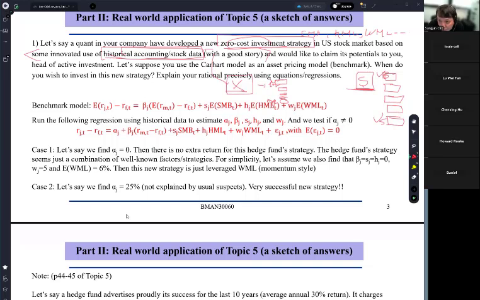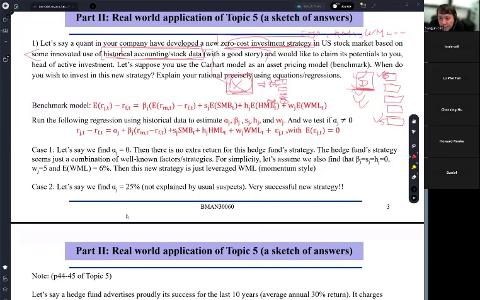Size, value, momentum, profitability, investment, we talked about those. If you find a criterion X, you can implement it by sorting portfolios, buying a group, and selling the other group, right? So this guy finds a new way, X, and ranks stocks and implements a zero cost investment strategy.